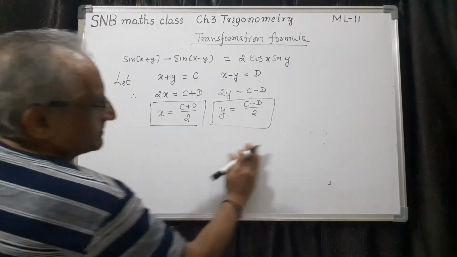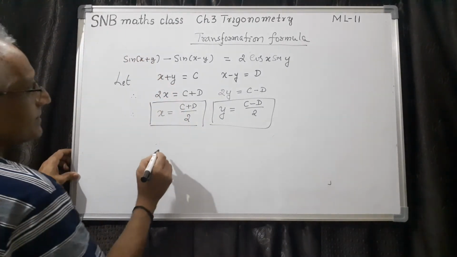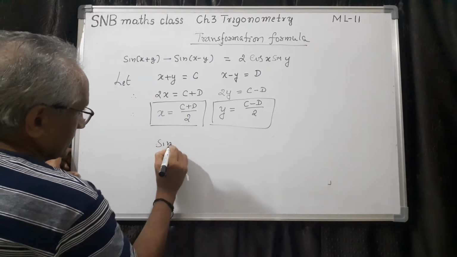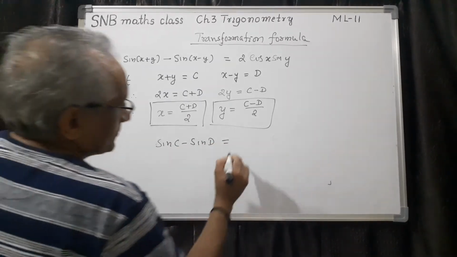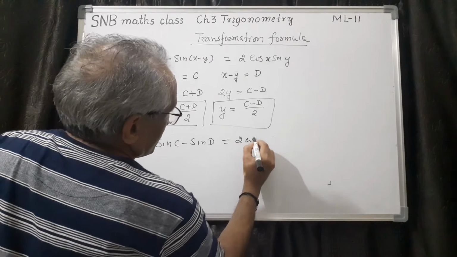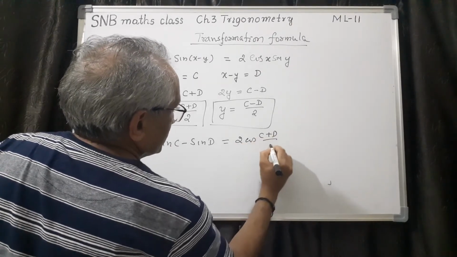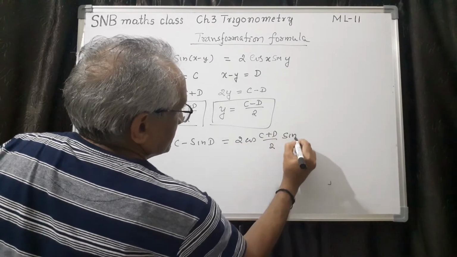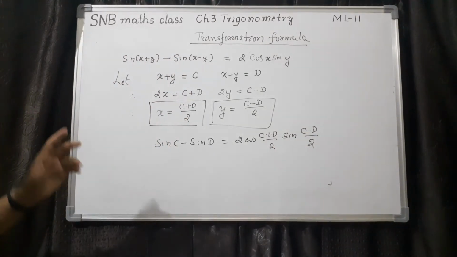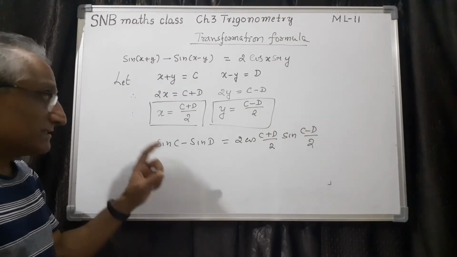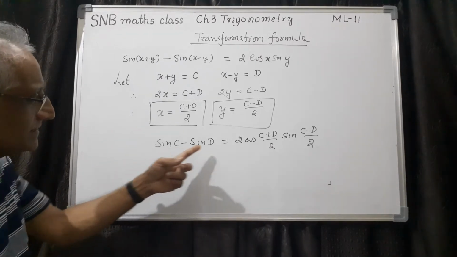So therefore what happens is, see here, sin c minus sin d will be equal to 2 cos c plus d by 2 sin c minus d by 2. So this is the same. Now once again, if you want to remember in terms of x and y, replace c and d by x and y.